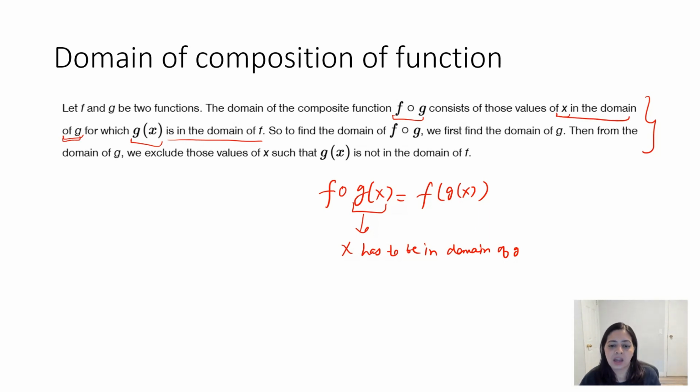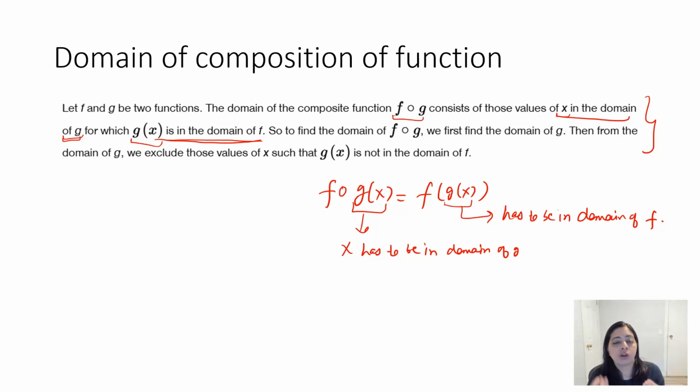And then, more important than that, whatever you get after evaluating g at x, which is going to be some number, this g(x) has to be in the domain of f. So g(x) is in the domain of f.